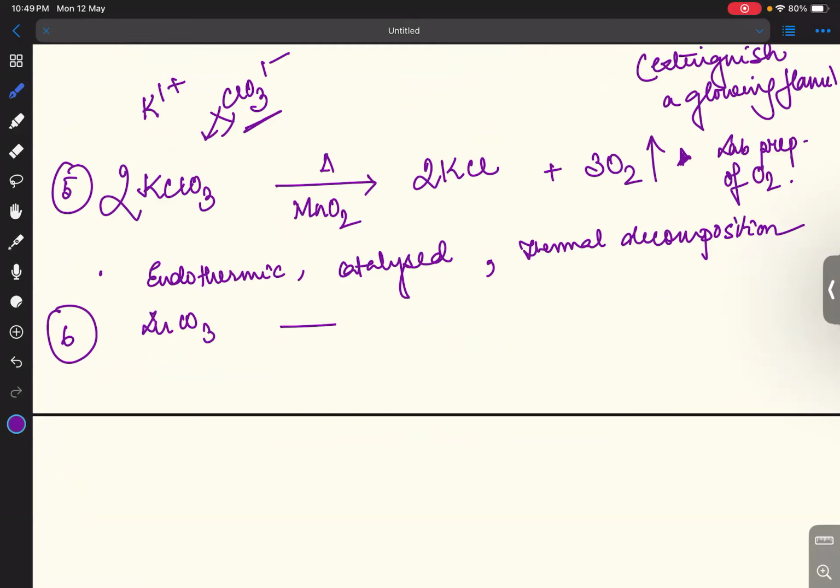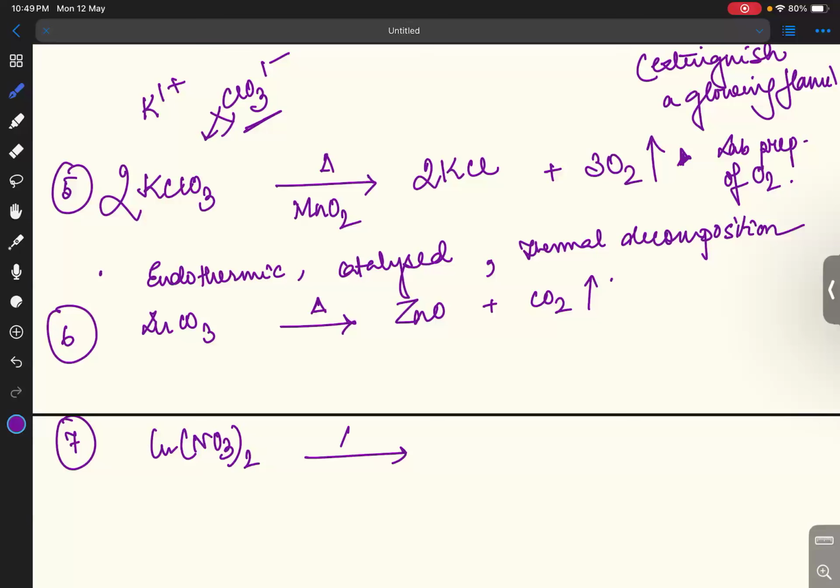Zinc carbonate. On heating, zinc oxide plus carbon dioxide. Decomposition of copper nitrate. It's the same as lead nitrate. It will give you copper oxide plus nitrogen dioxide plus oxygen.